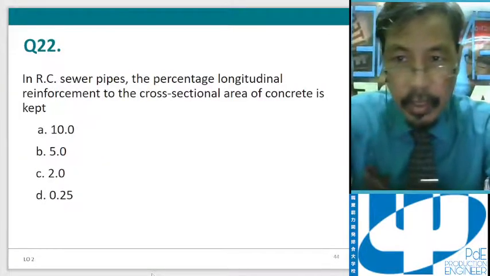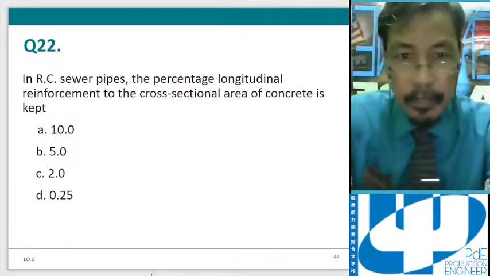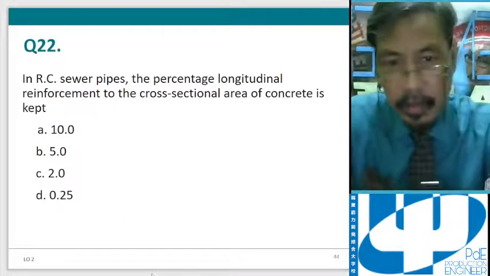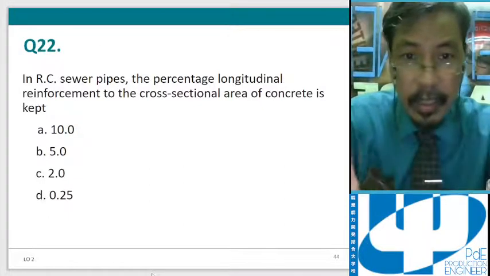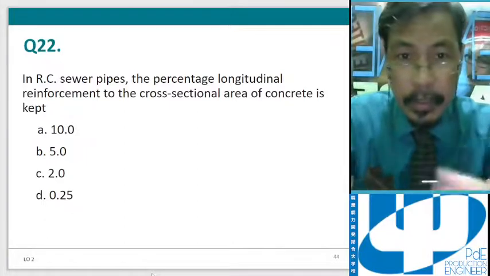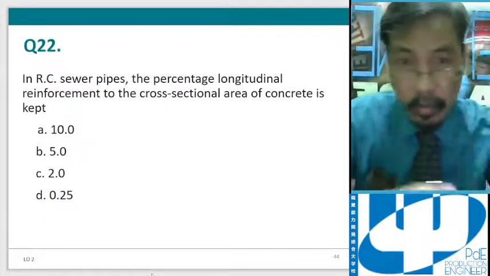Question 22. In RC sewer pipes, meaning reinforced concrete, the percentage longitudinal reinforcement to cross-sectional area of concrete is kept. So the steel bars to the cross-sectional area of the concrete.